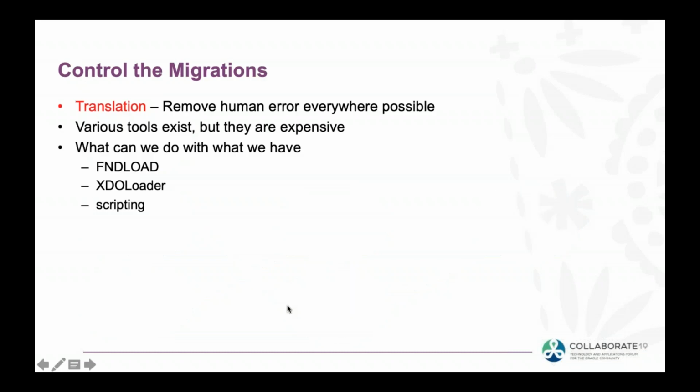You want to control the migrations. So, the translation of that is, I don't want a chance for a person to screw up. There are tools out there that will do this. I believe you can use Ringmaster for some of this.